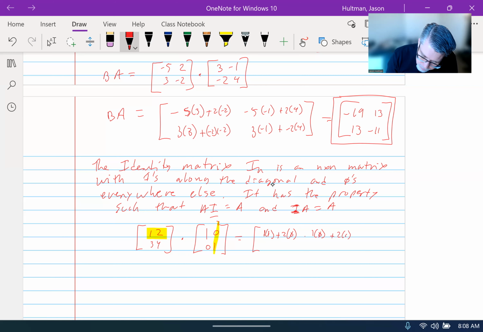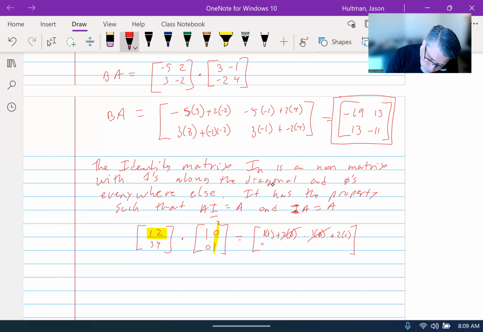The 2 times 0 goes away because it's 0, and the 1 times 0 goes away too. So the only thing that survives is the 1 in the first entry and the 2 times 1, which is 2, in the second entry. So it's just creating itself again. I'm getting a carbon copy of the original.